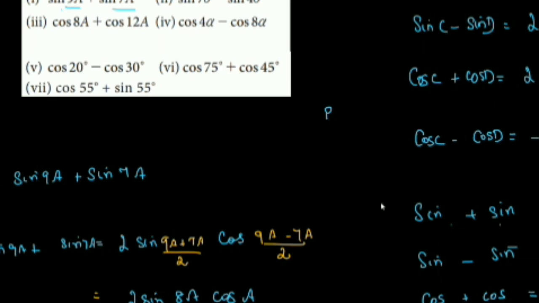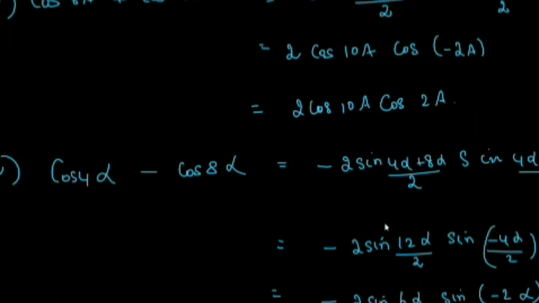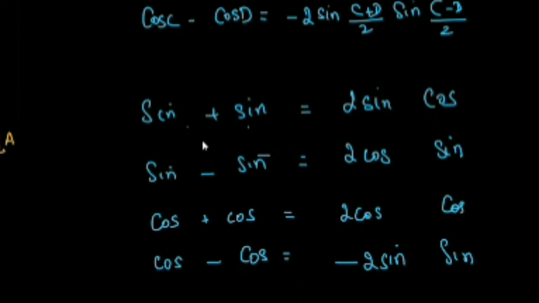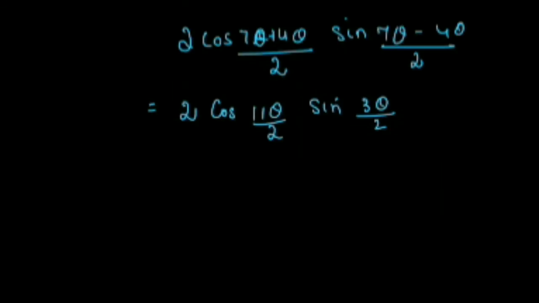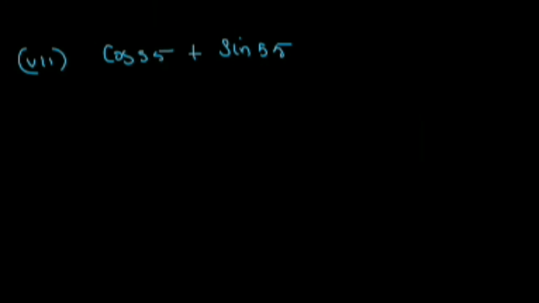The last one, the seventh one, cos 55 plus sin 55. See the formula? It is sin and sin: sin plus sin, sin minus sin, cos plus cos, cos minus cos. But here it is cos plus sin. So what we should do? Change. So this is cos 55 plus sin 55.